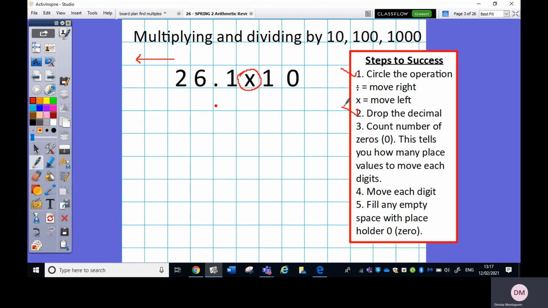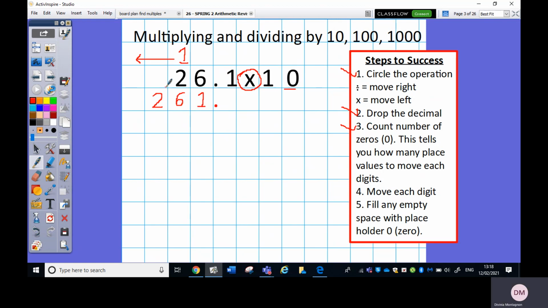And for step 3, count the number of zeros. So I have 1 zero, and this tells me how many place values I have to move each digit. So I'm just going to write 1 here to remind myself. I'm going to tick that one off, and now I'm going to move each digit 1 place value to the left. So here's 2, 6, 1, and 1 here.